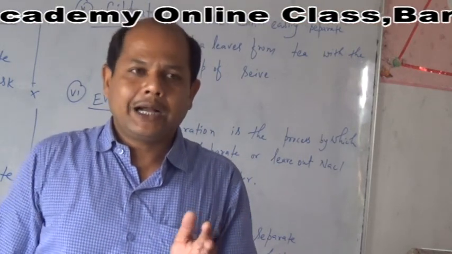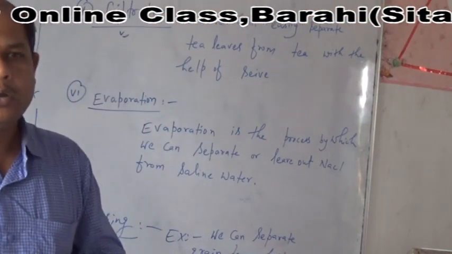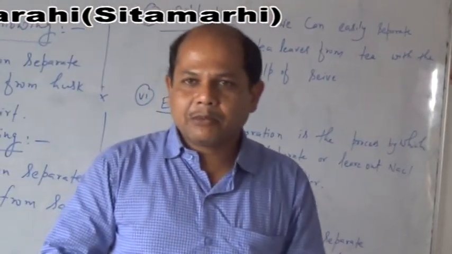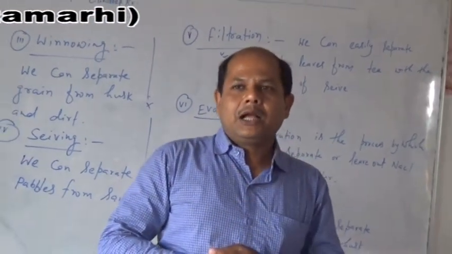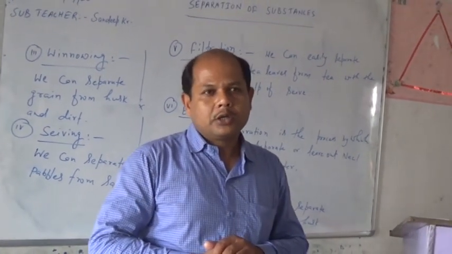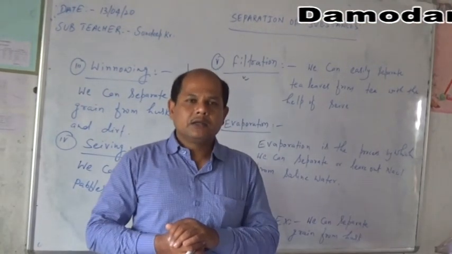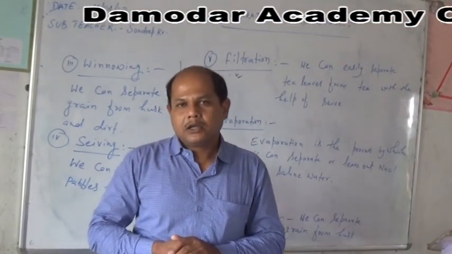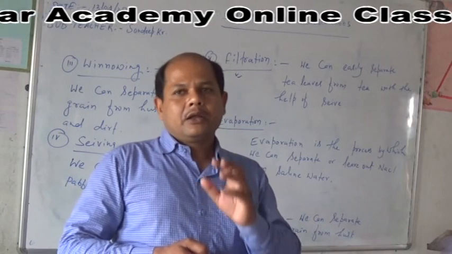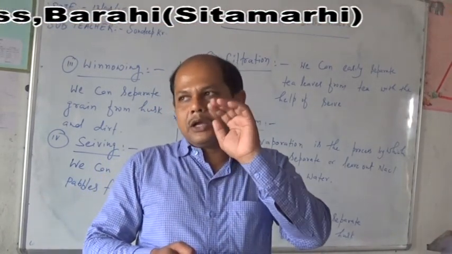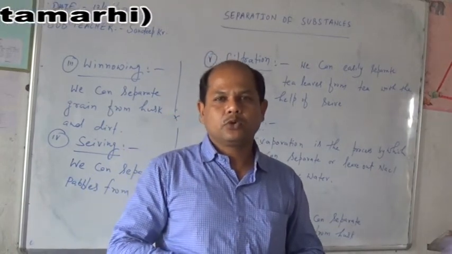So I think you all understand my teaching and my concept, and you have to give the answer in your next class: how can we separate different substances from their impurities. Okay, thank you.